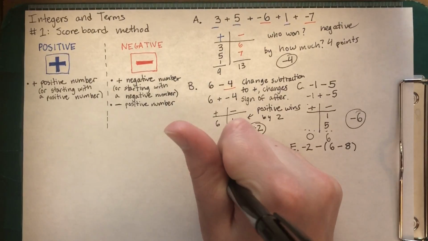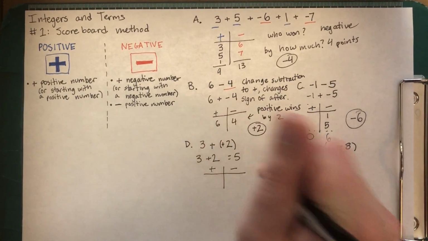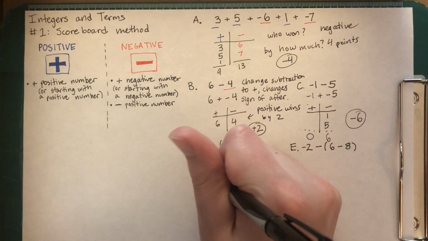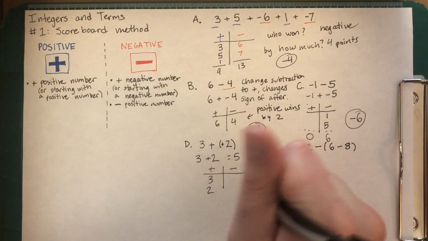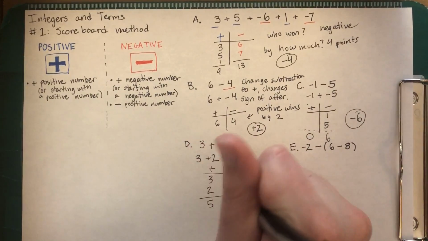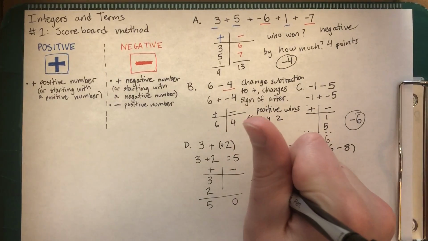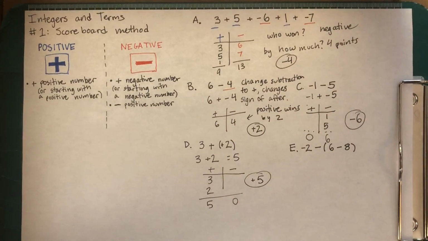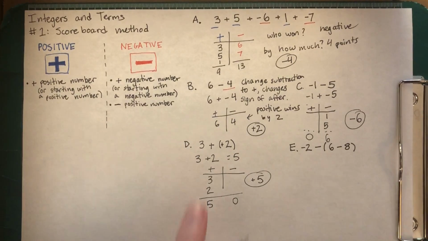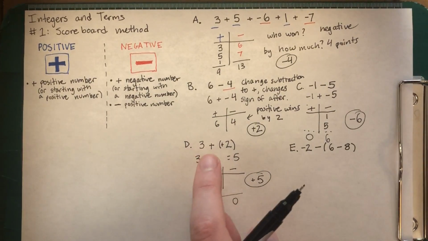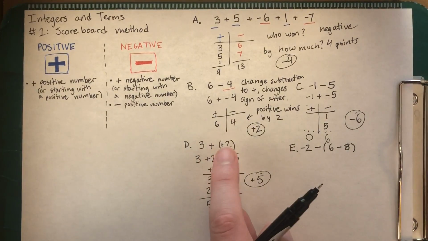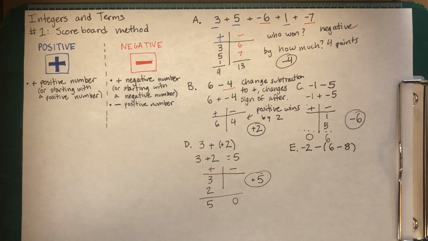If you wanted to draw out the chart, you could, just to be totally thorough. These both count towards the positive team. In this case, the negative team didn't score anything, so of course the answer is a +5. But the lesson here is that when we subtract a negative number, that number ends up counting for the positive team.